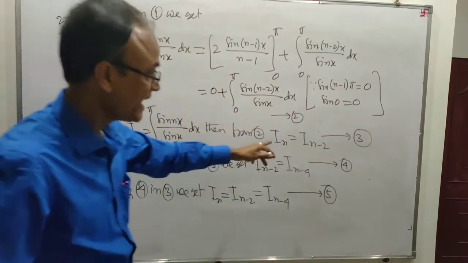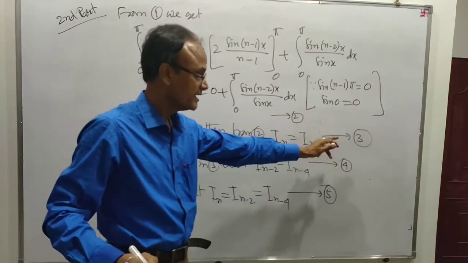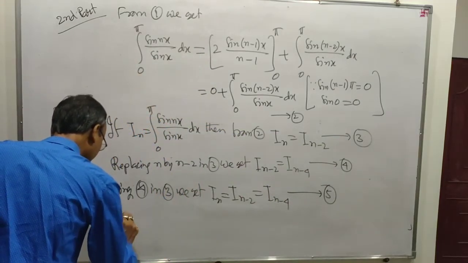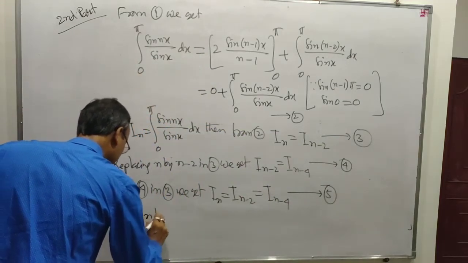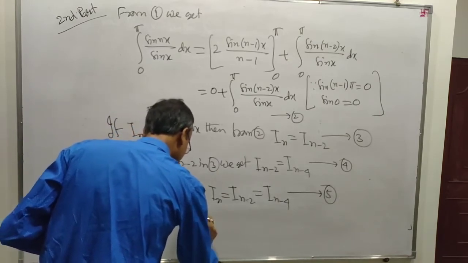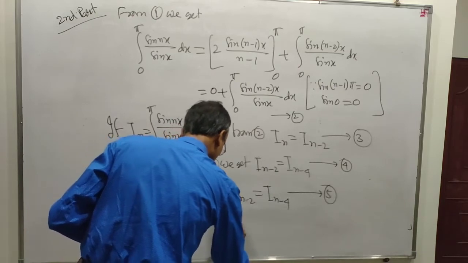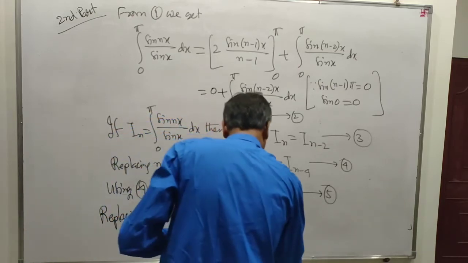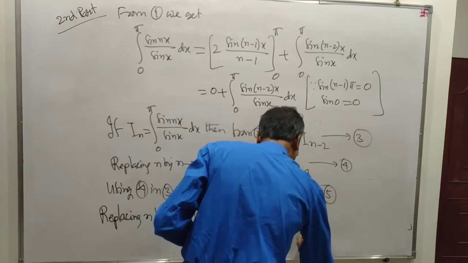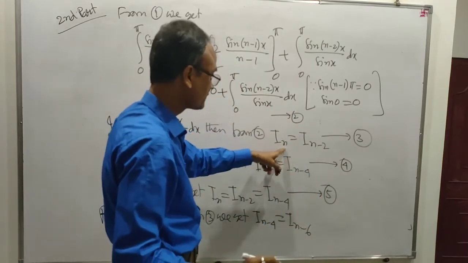Now replacing n by n minus 4 in 3, we get I_{n-4} will be equal to I_{n-6}. Put n equal to n minus 4 here.